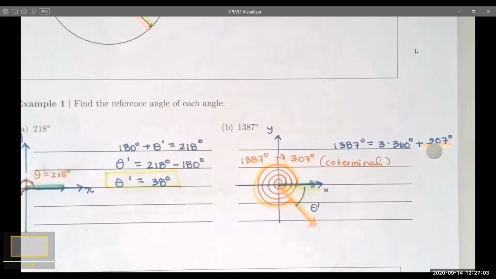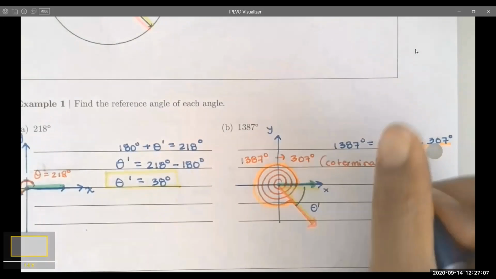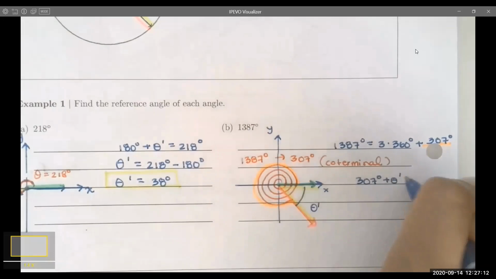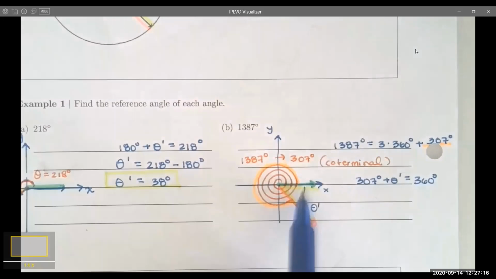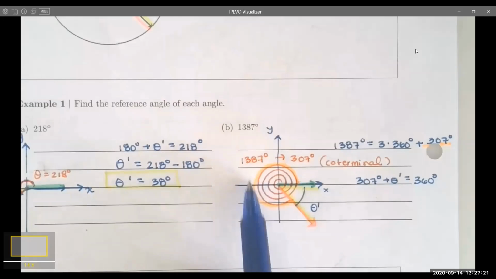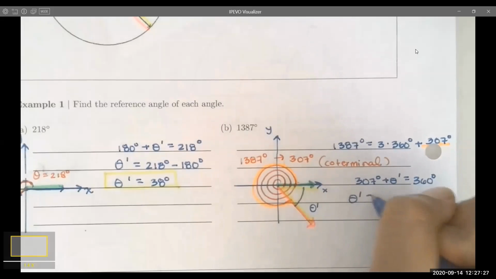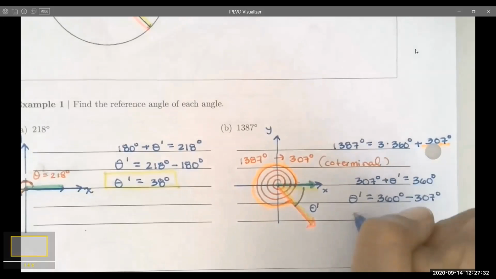And that's the measure that I'm going to use to find theta prime. If we take 307 degrees and we add it to theta prime, together they complete one cycle of 360. So to find theta prime, we simply subtract away 307. 360 degrees minus 307 is going to give us 53 degrees.